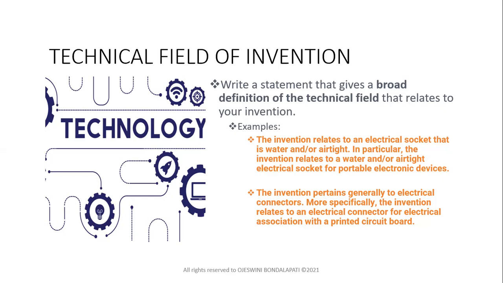Okay, so in the technical field, one or two sentences, but we can come to the examples which I have given. Mostly we combine both sentences, or we can use these two sentences. Like the first example: the invention relates to an electrical socket that is water or airtight. So we are talking about the design, a mechanical thing. In particular, the invention relates to the water or airtight electrical socket for portable electronic devices.